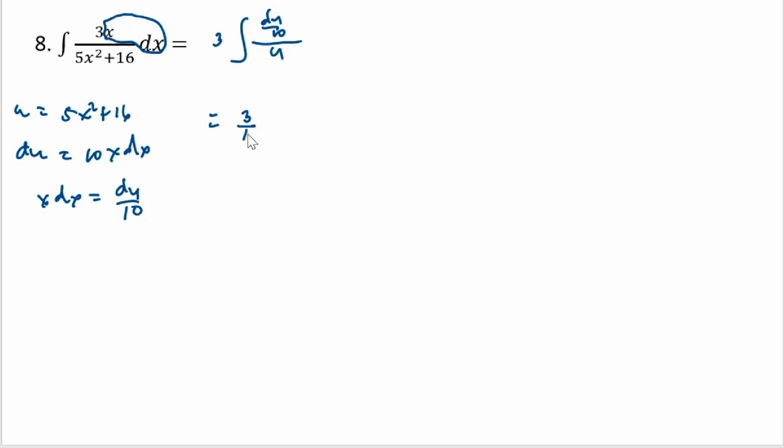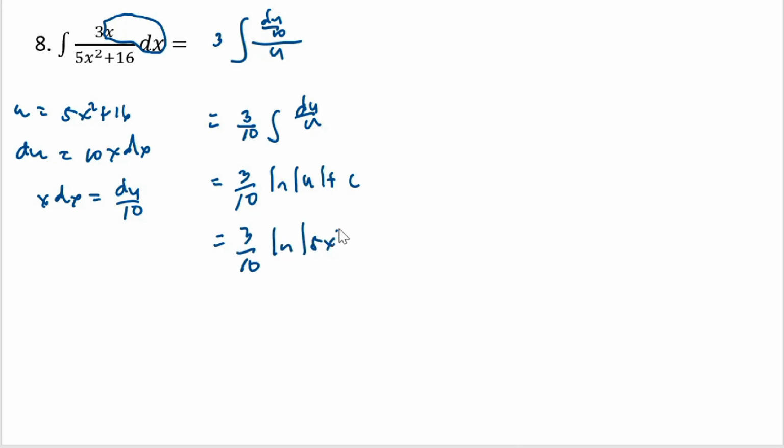So that becomes now 3 over 10 the integral of du over u. So integrating that one now, we have 3 over 10 ln of the absolute value of u plus a constant. So finally, we have 3 over 10 ln of the absolute value of 5x squared plus 16 plus a constant.